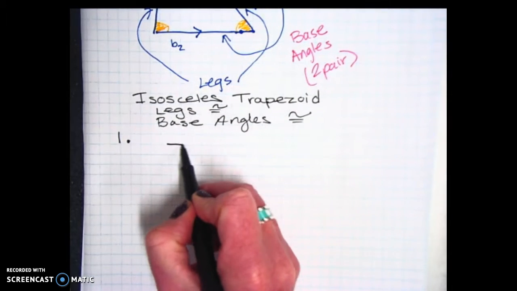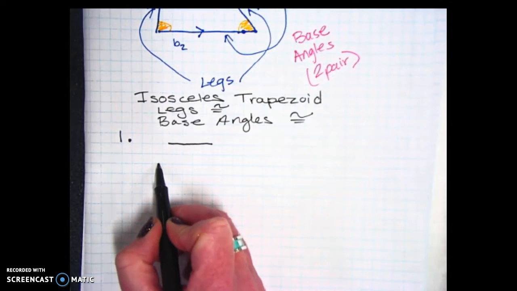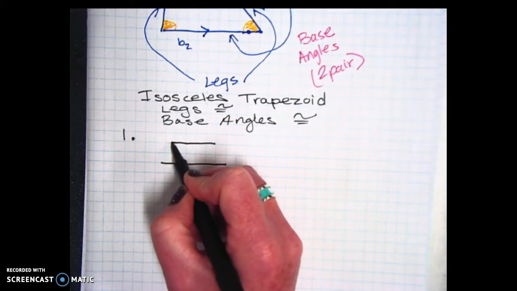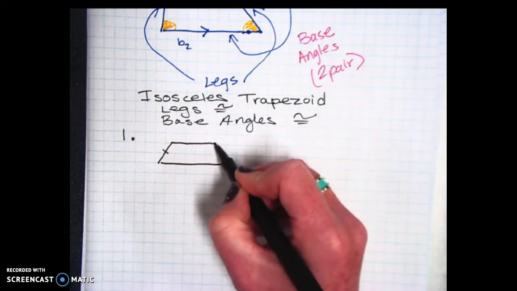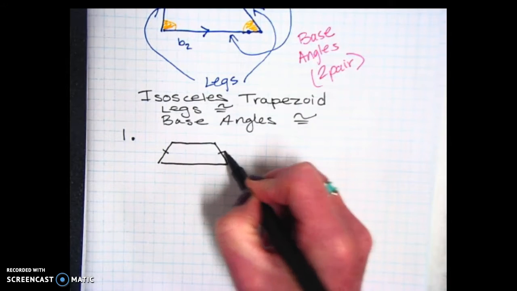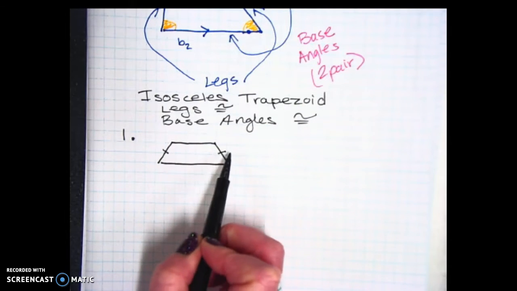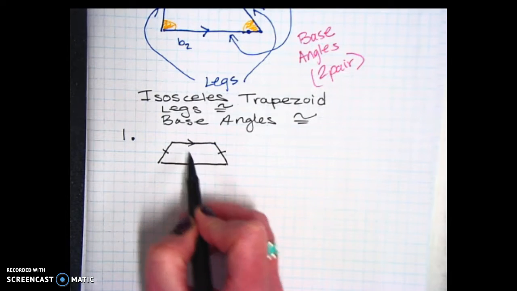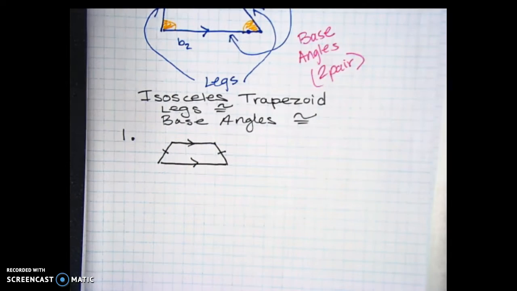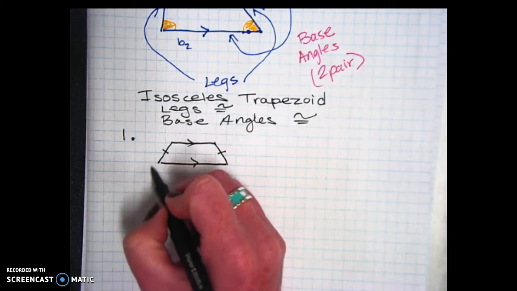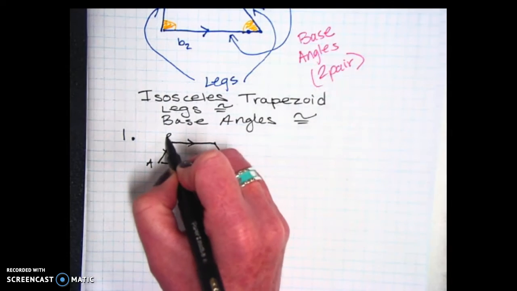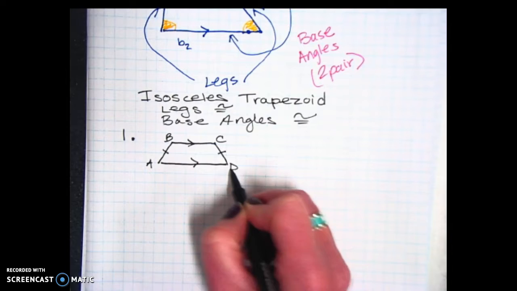So we're going to draw the very specific isosceles trapezoid so that the left leg in this case and the right leg are congruent. So we're going to put tick marks on each of them. We also have parallel sides, making it for sure a trapezoid. And if we label the vertices, we'll go with A, B, C, D on this one.